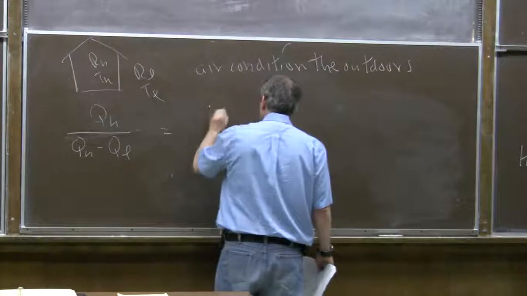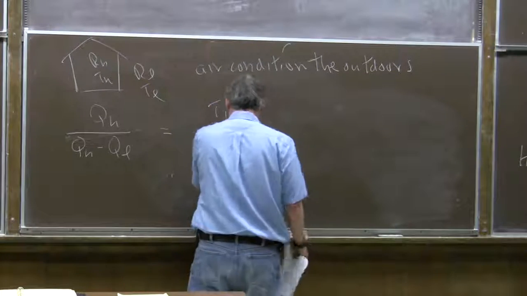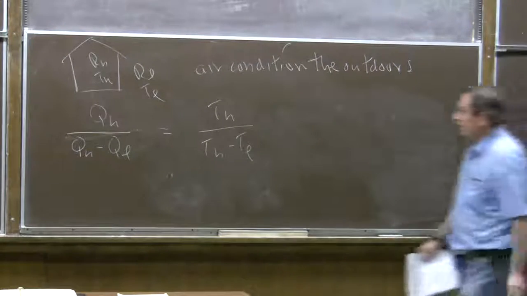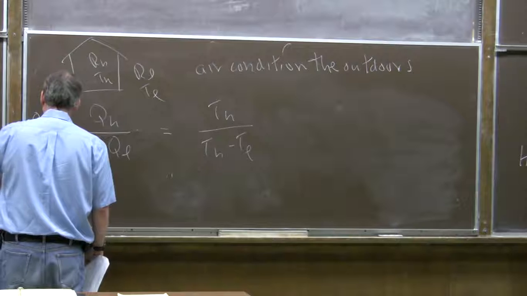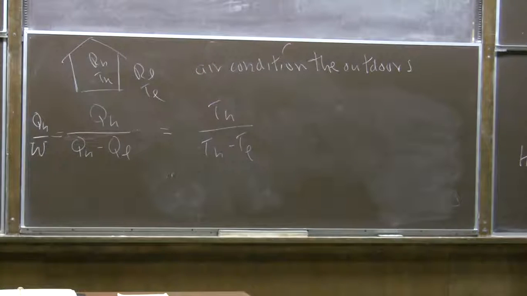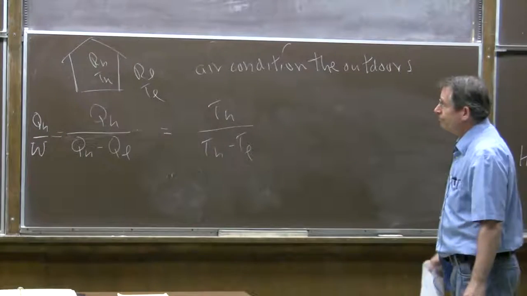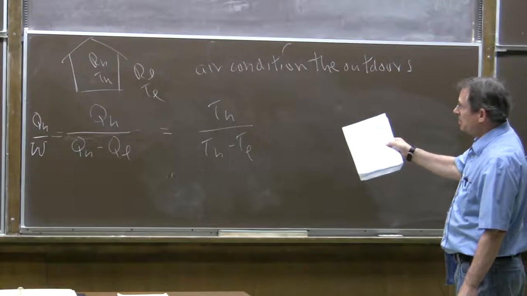So in his case, the amount of heat per unit of energy that he consumes is actually tau H over tau H minus tau L. So it's like the Carnot efficiency, except we have a different criterion here.